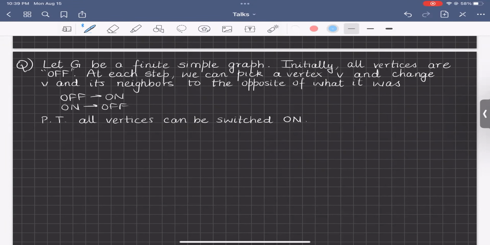But there is an even number of vertices with odd degree. I'm just saying that if all of them have odd degree, then it's definitely not linearly independent. For example, a graph with just two vertices connected: if you flip both of them, you do nothing.